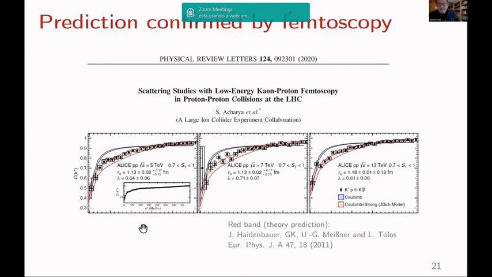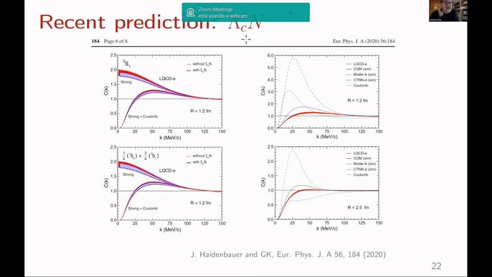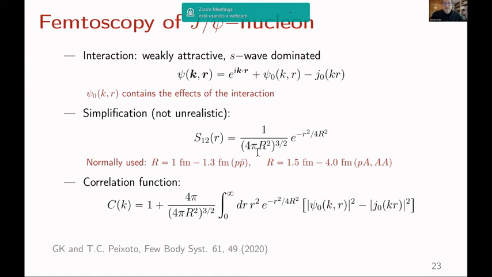Alice has many other femtoscopy studies of lambda n. Then we made a prediction for lambda cn, which is very important for charm hypernuclei. And for the J psi nucleon, I use models available from Lattice and other models, just to get an idea what we can expect from such a measurement.